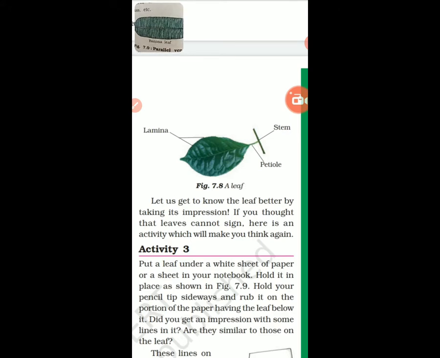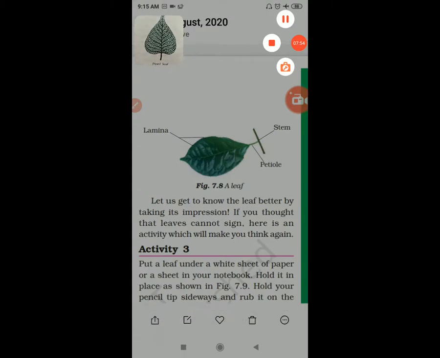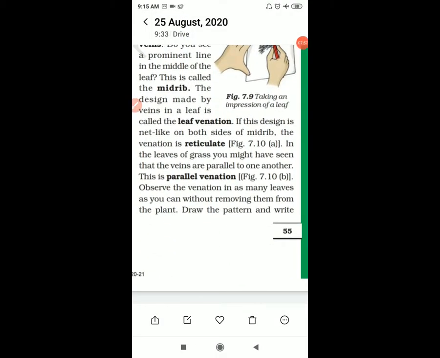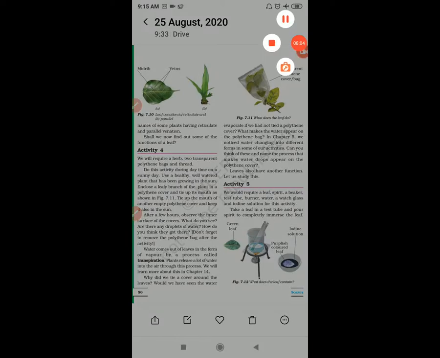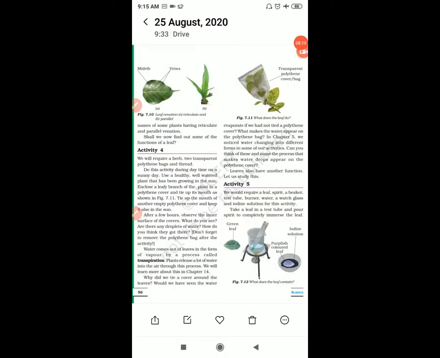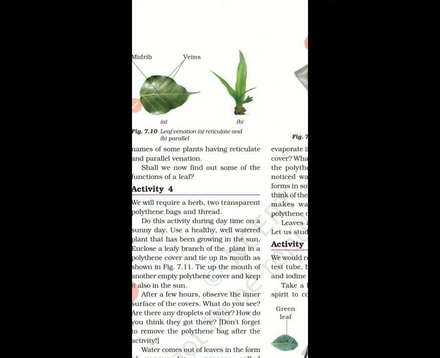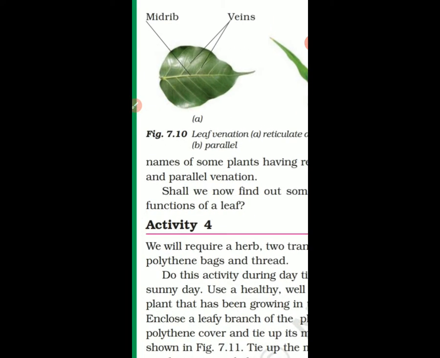This is called parallel venation and this is called reticulate venation. Okay? So these are the types of venation. It is also shown on page number 56, figure 7.10. First, A is reticulate venation and B you have parallel venation.